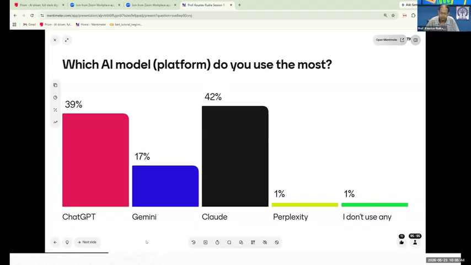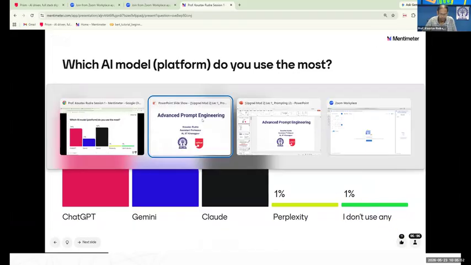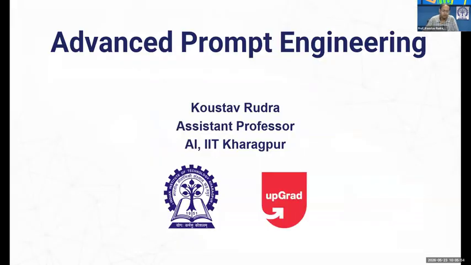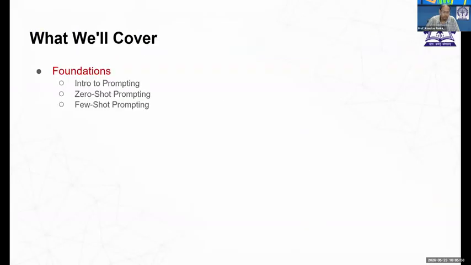Now let's see how we can use these advanced prompt techniques with your popular LLMs. What we are going to cover in this lecture: first, the foundations, that is, what prompting is, what the controlling parameters are, and basic prompting techniques like zero shot and few shot prompting.